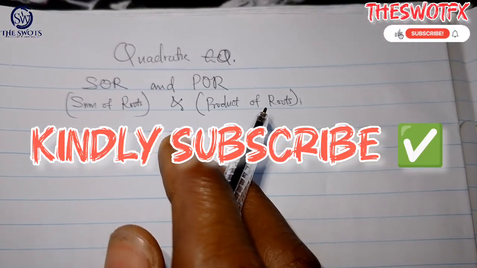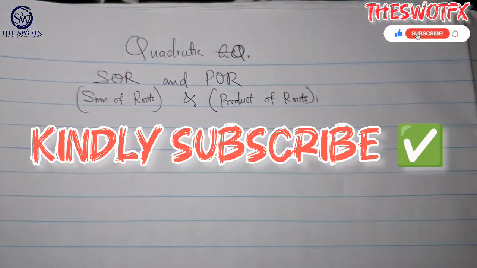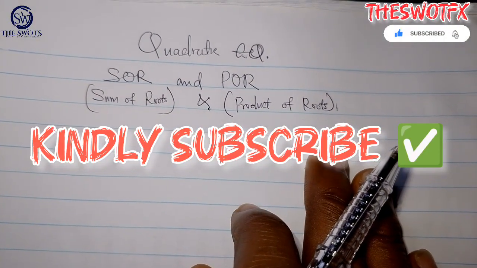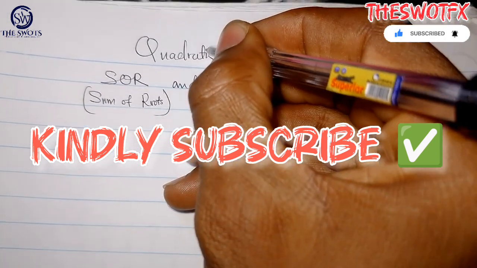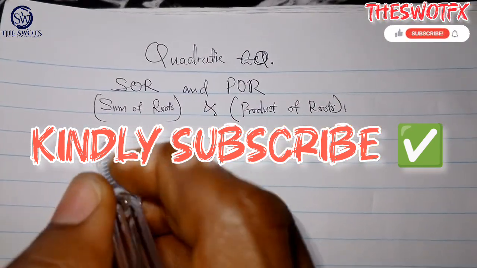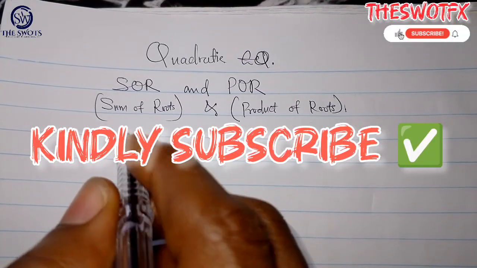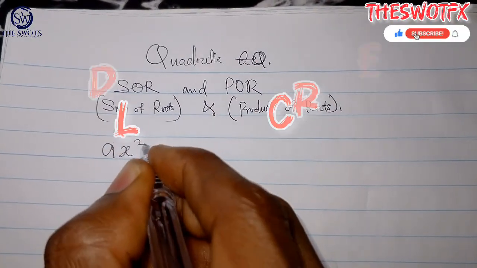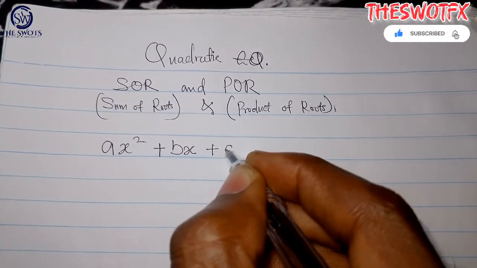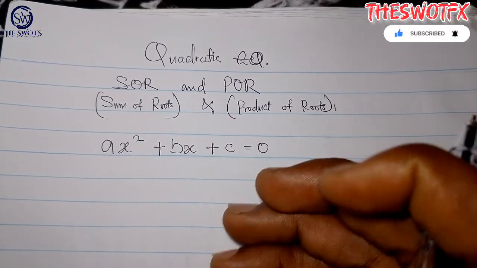Now, from the previous episode of video that we made on quadratic equation, we have this formula: ax² plus bx plus c equals 0.